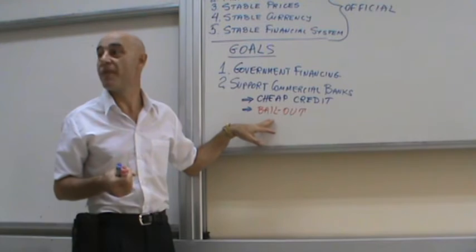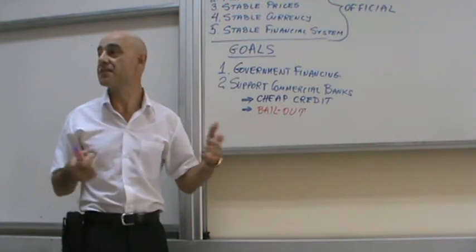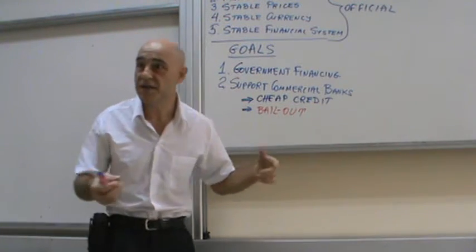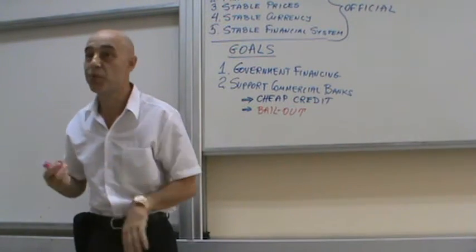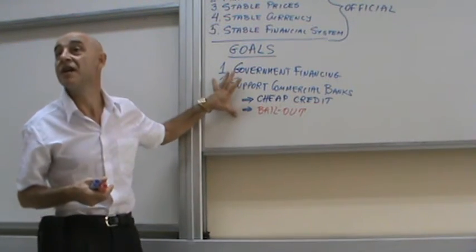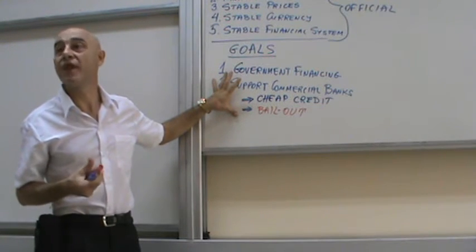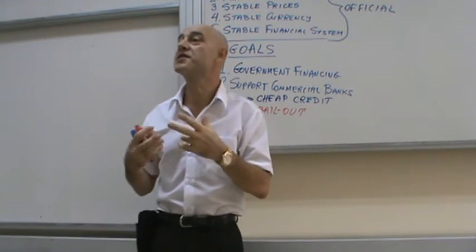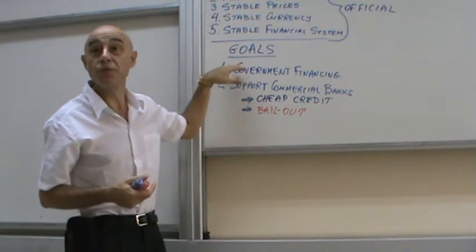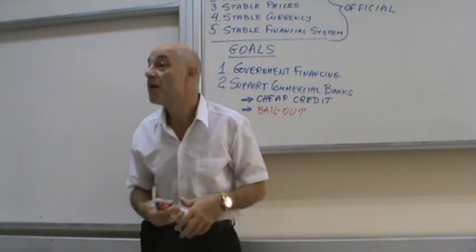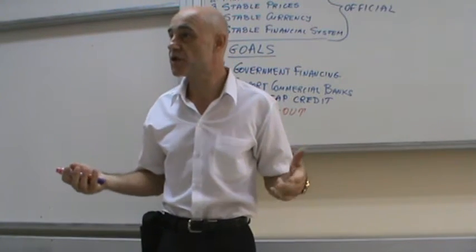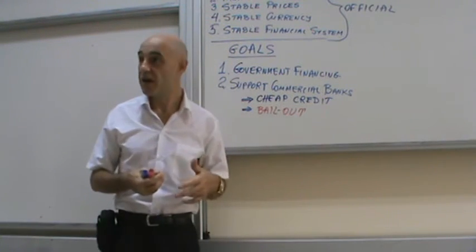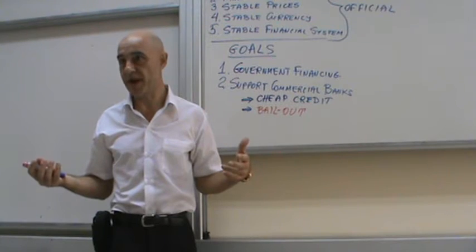When the commercial bank gets in trouble, it gets a bailout. Bailout means the central bank gives it money and supports it. It's like one big giant family, except that it works the other way around. The central bank is made by the commercial banks, it's of the commercial banks, and for the commercial banks.